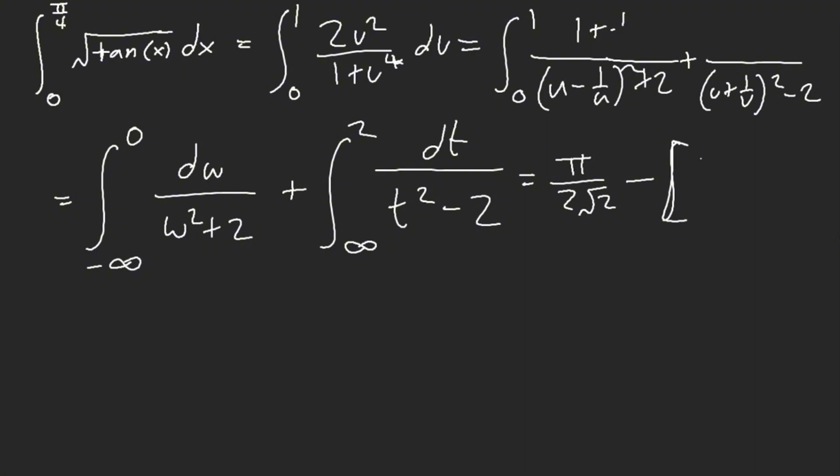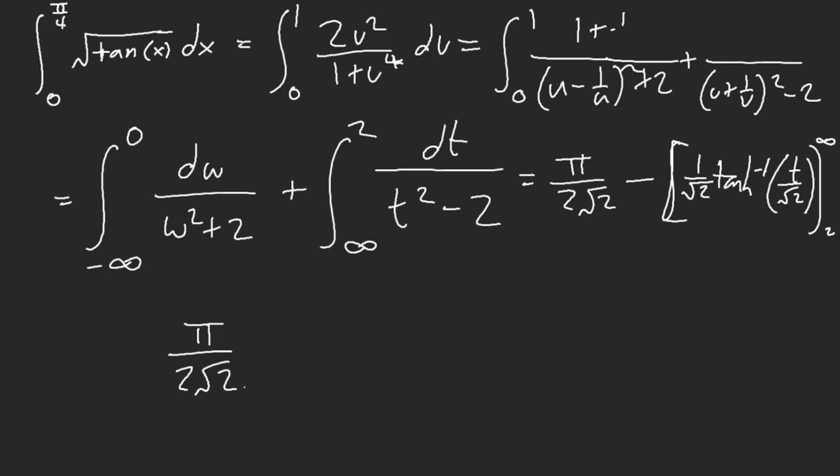This is root 2 inverse tanh t over 2 to infinity. Infinity, if you think of it in logarithm terms, is going to be 1. So we're going to have inverse tanh of root 2.